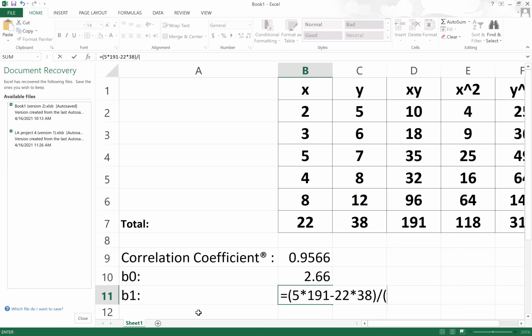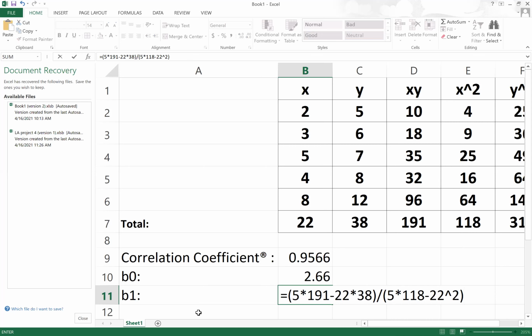Divided by the denominator: sample size 5 times total of x squared, that's 118, minus total of x, squared. Here we go. Take a minute to look at what we have here.